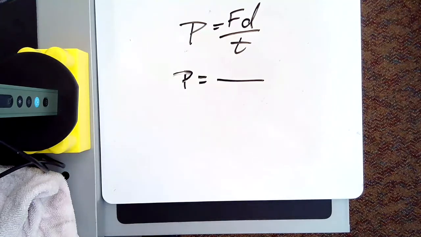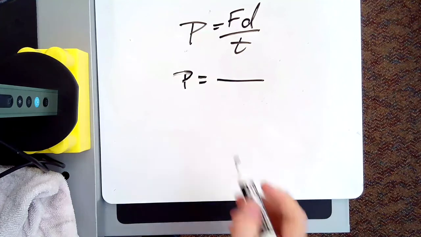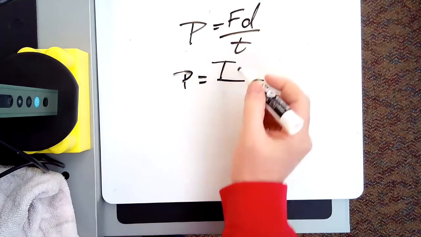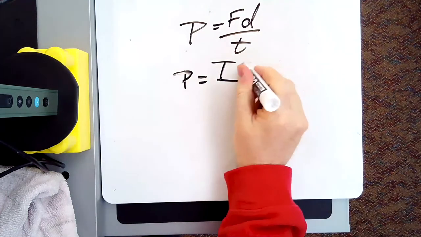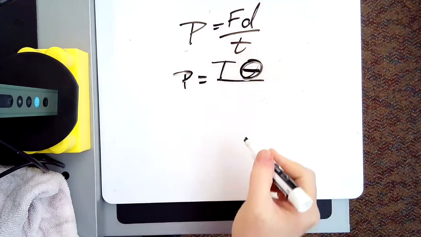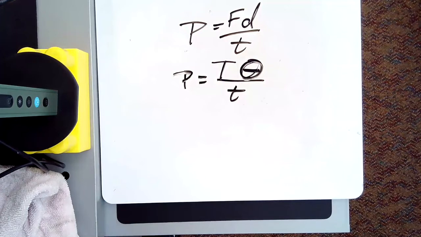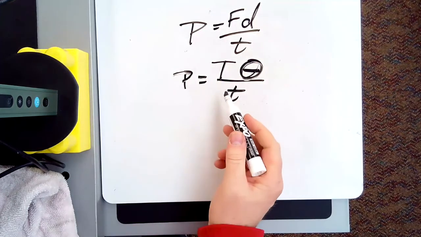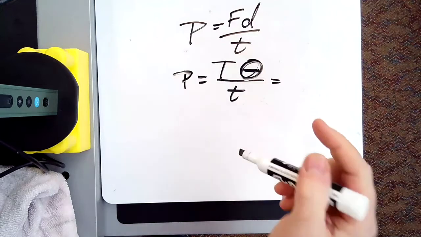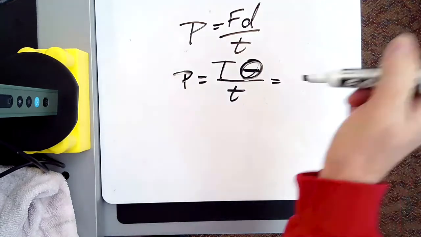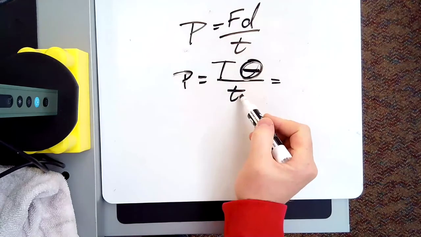It's still a force, but it's a force times an R. So instead of an F, we put in a torque. And instead of the D, a linear displacement, we're going to have a rotational displacement. And what's the symbol for that? The theta, in radians, over time. Torque theta over time would be the rotational power. But what is theta over time?